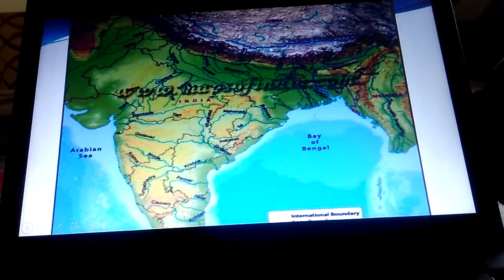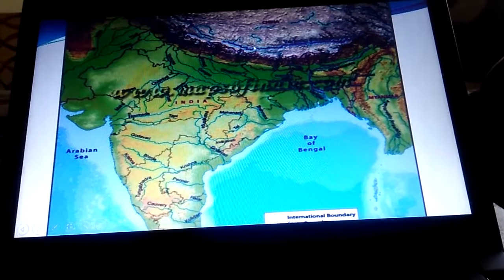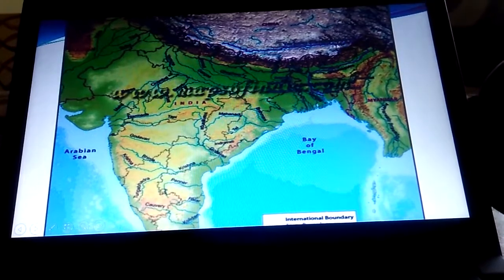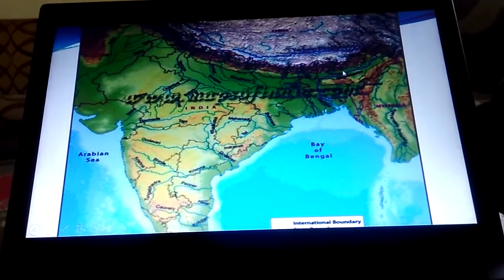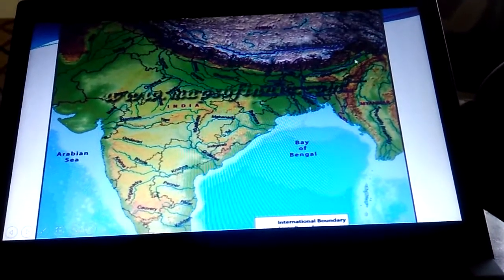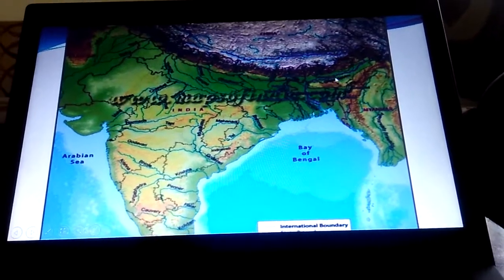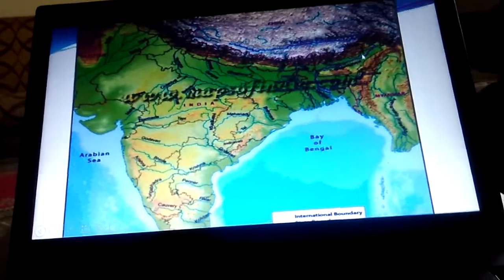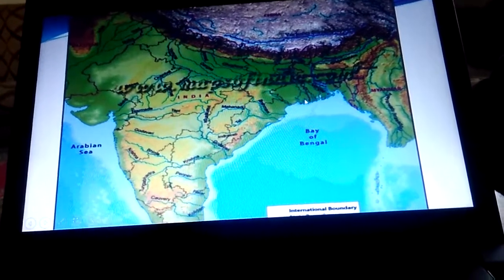When the river Brahmaputra is in China, it carries a small amount of silt because of the cold climatic conditions. The river is involved in very little erosional activity. When the river enters India, the climatic conditions are not very cold, and because of the large amount of rainfall received in Assam, the amount of water in river Brahmaputra increases and it gets involved in a large amount of erosional activity, and here it makes the largest delta, which we call the Sundarban Delta.